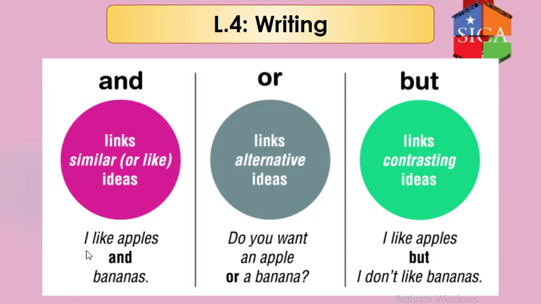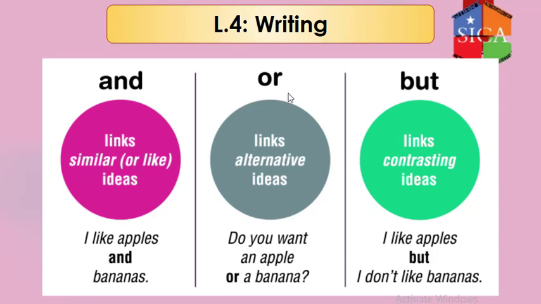So this is a similar idea or one idea, but you write it down in two sentences. You can just add the second word bananas here to the first sentence and connect between them using and. I like apples and bananas. In this sentence, we understand that you like apples and also you like bananas. So you can connect or link between two ideas or similar sentences.